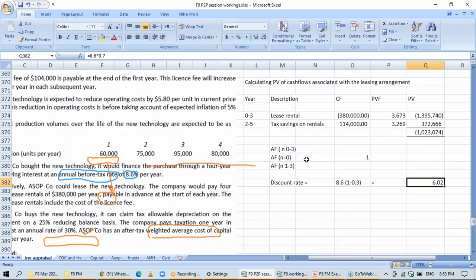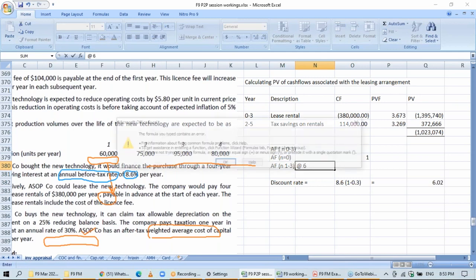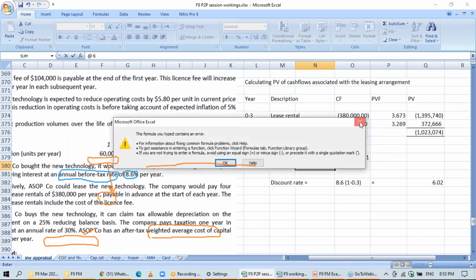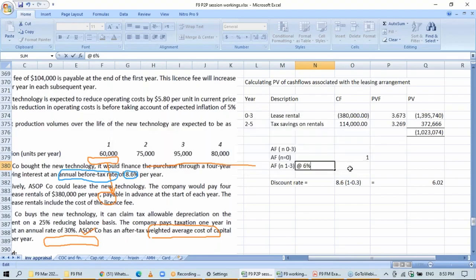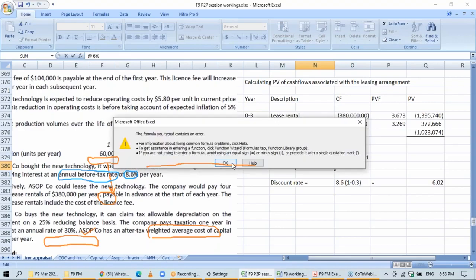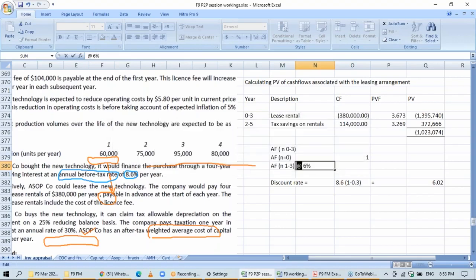So you are going to take the annuity fraction at 6%. Okay, so at 6%, the annuity fraction for year 3 is 2.673.